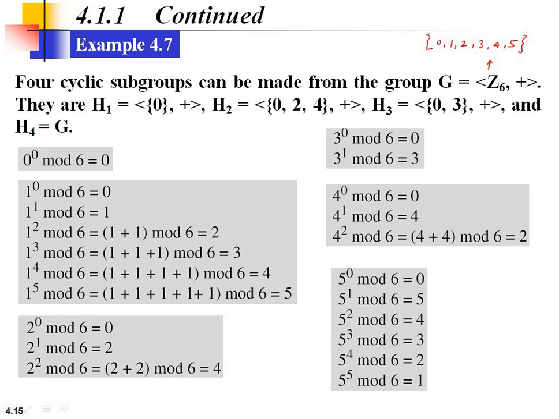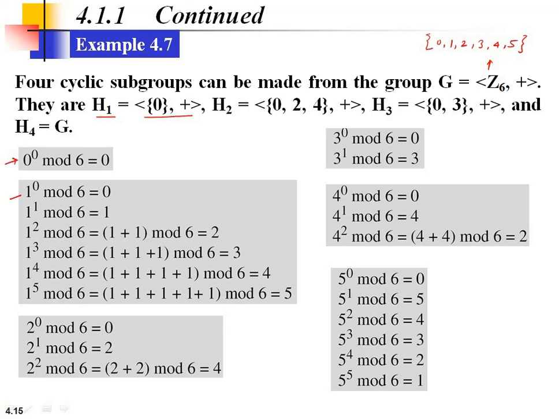In order to find out which subgroups are cyclic, we'll start one by one. We start with 0. 0 to the power n mod 6 is 0, so 0 can generate only one element, 0. So the first subgroup, say H1, contains only 0 over the operation plus.